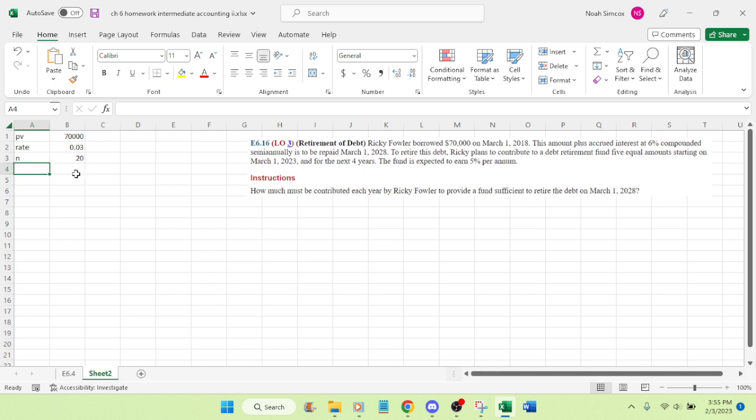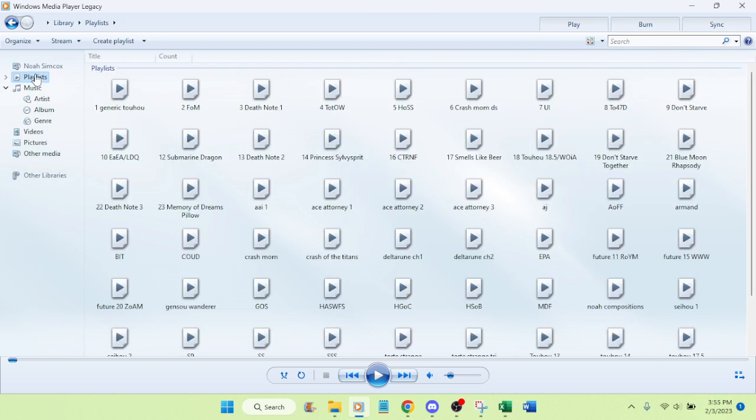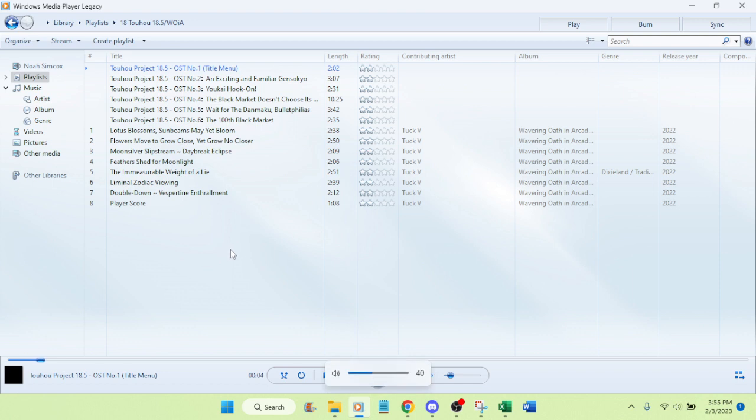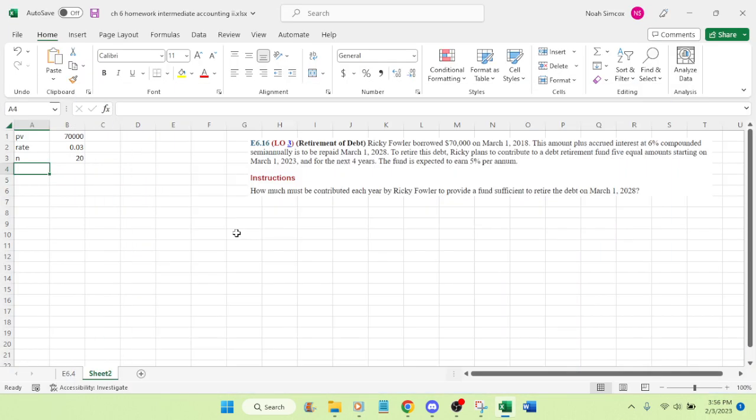We now calculate the future value. The amount that's going to be in there, or that you need to repay at the end. The amount to be repaid at the end, future value.